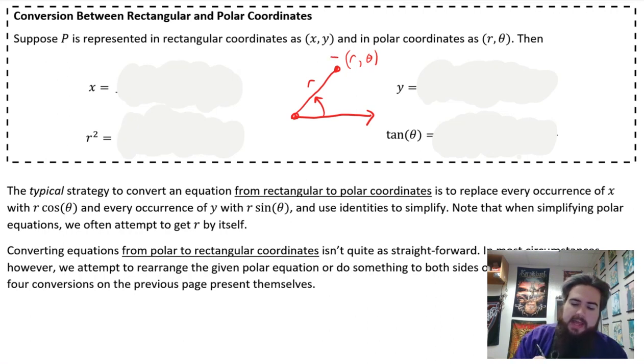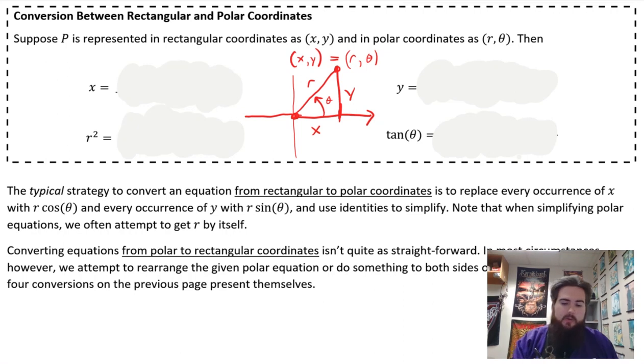If I overlay that on an x and y plane, x is the distance along the x-axis up to a point, and y is the distance up the y-axis, vertically. Meaning we really have a right triangle here with two legs of x and y, a hypotenuse of r, and an inscribed angle measure of theta.